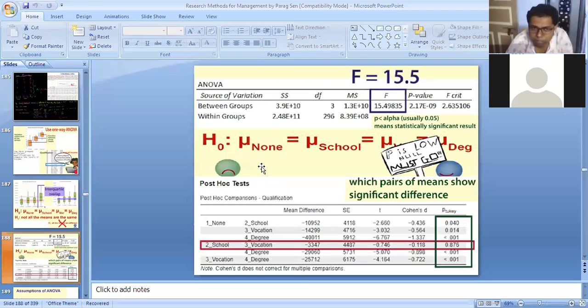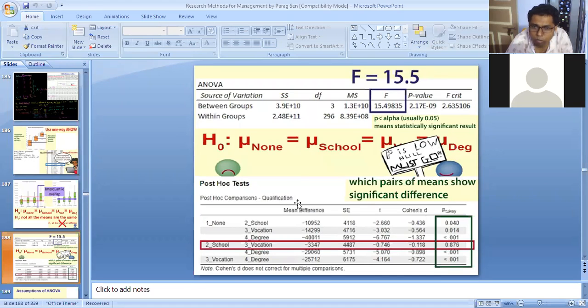So that's why your conclusion is, first, that there is enough evidence that for different qualification levels, the salary will also vary. This is your first conclusion.